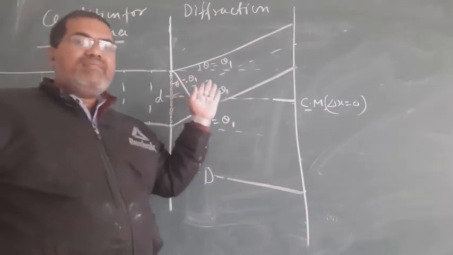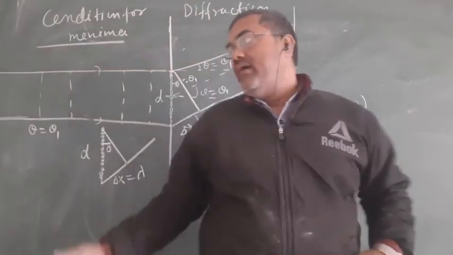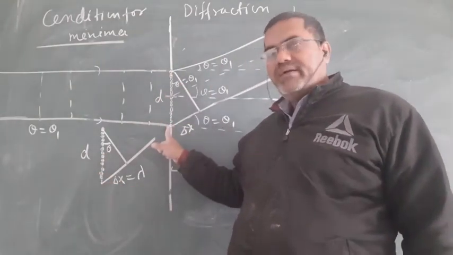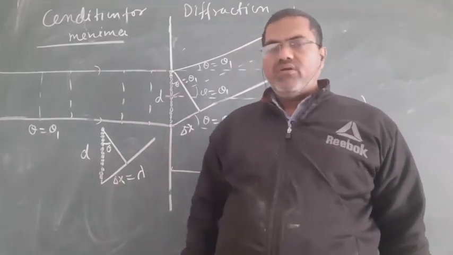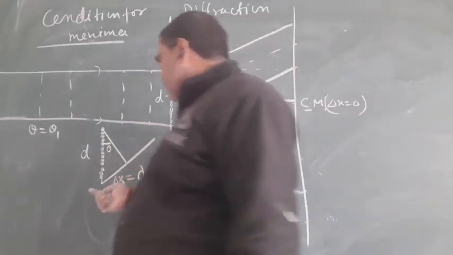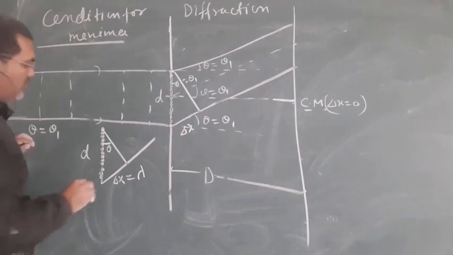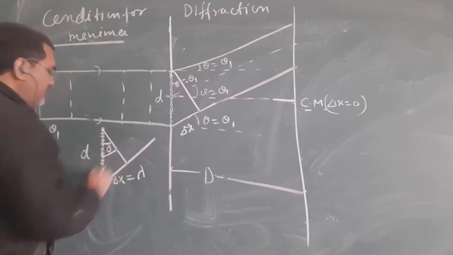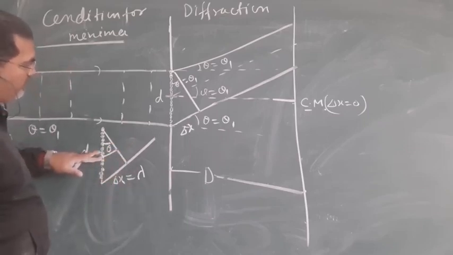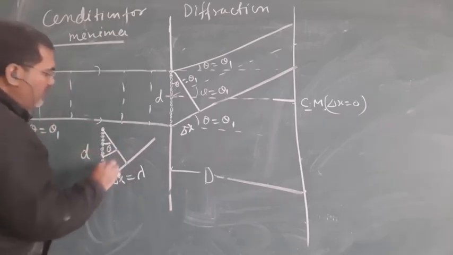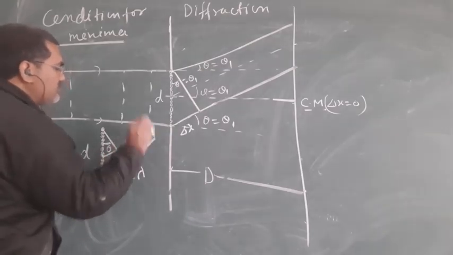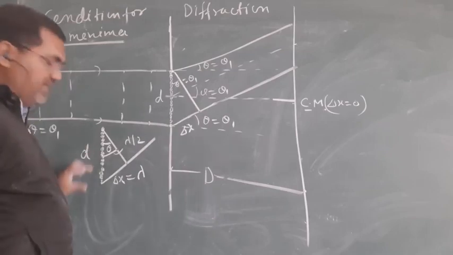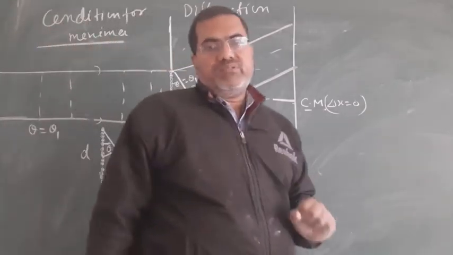that is, at the diffraction angle theta 1, let the path difference between the top of the particle and the bottom of the particle be lambda. So by uniformity, if we take the middle part here, the path difference between the middle part and the upper part is lambda by 2. So the slit can be divided in two equal halves.